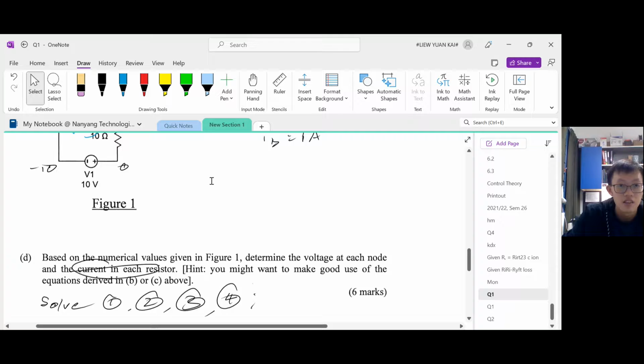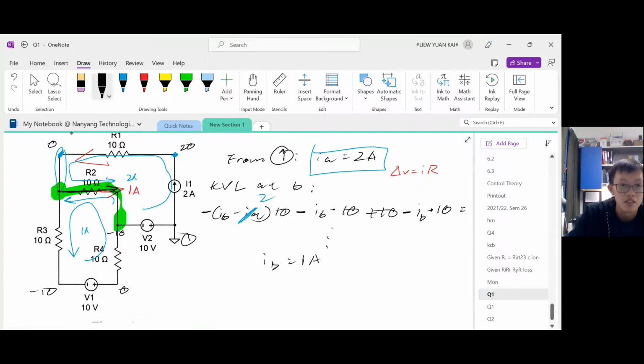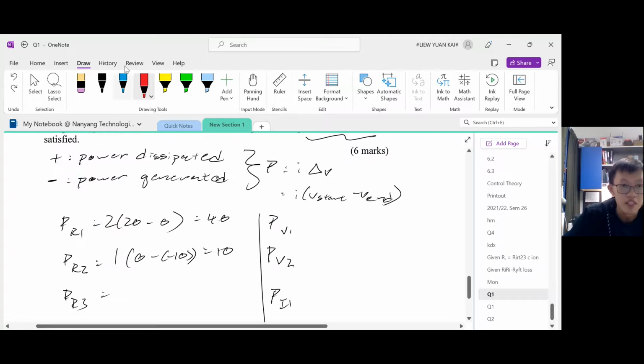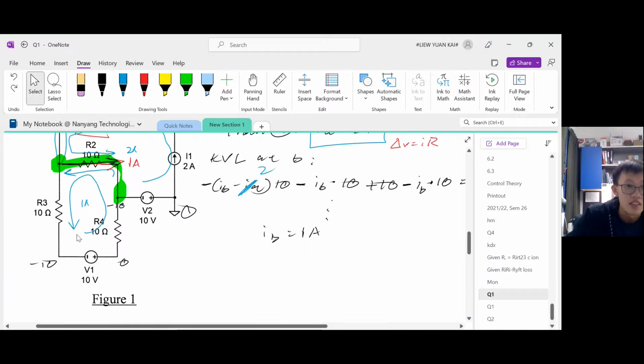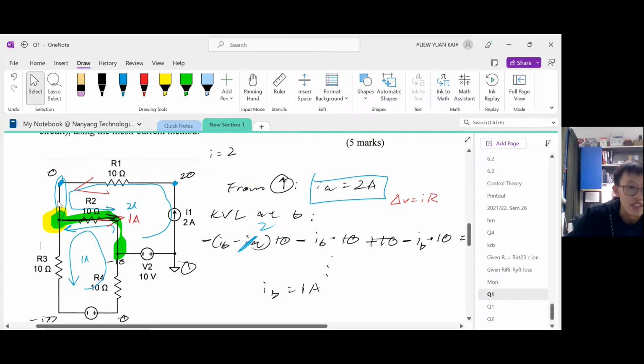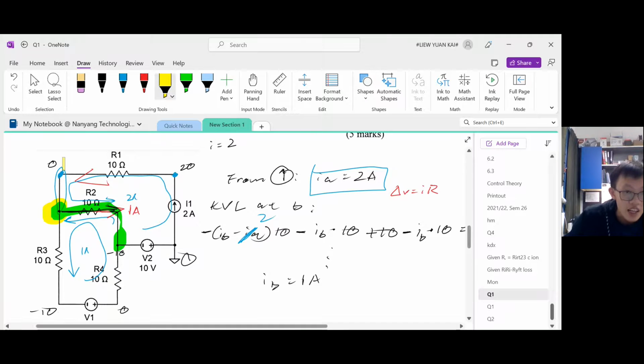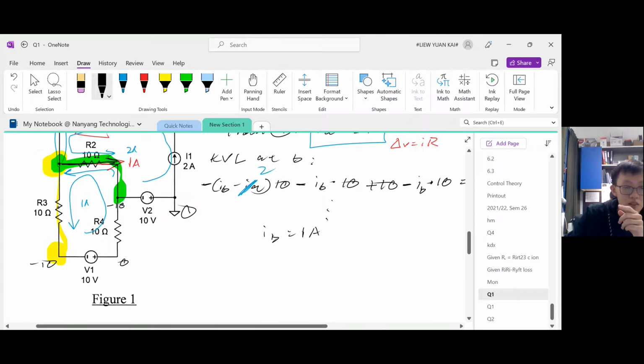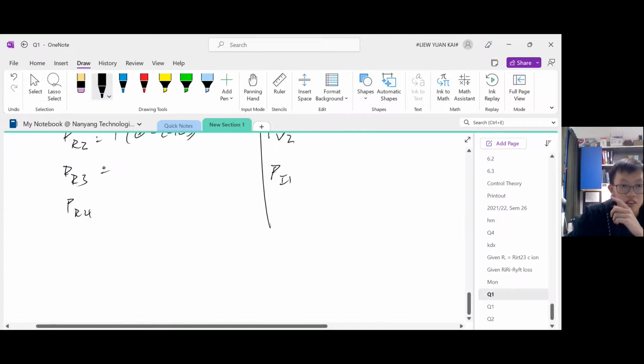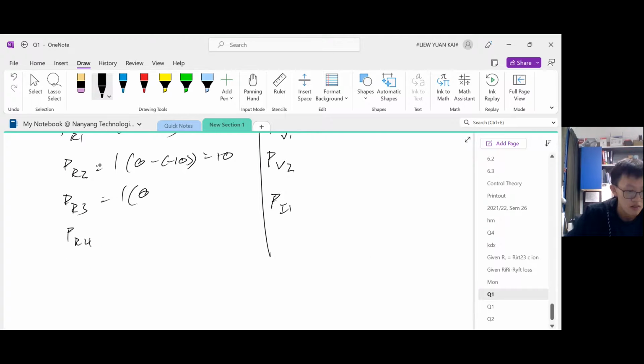Then R3: the current going through R3 is just this 1 ampere. V start minus V end of R3 starts at 0 volts and ends at -10. So 1 times 0 minus -10.